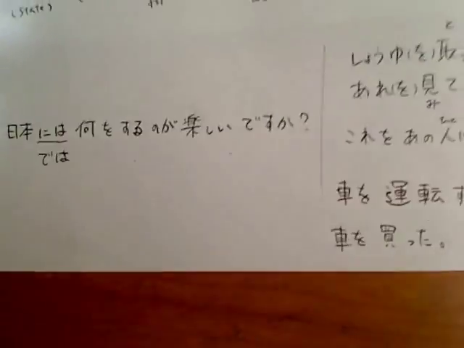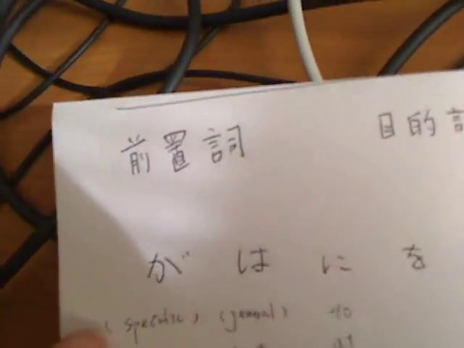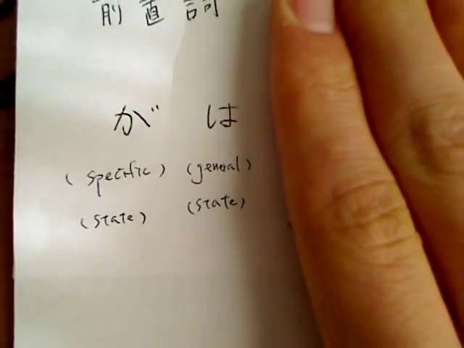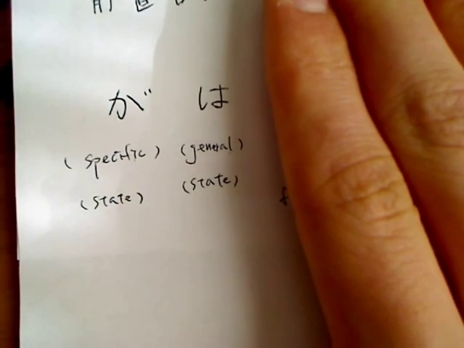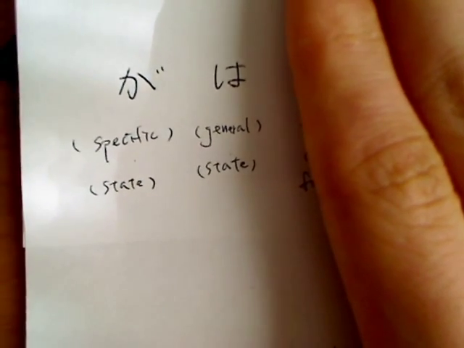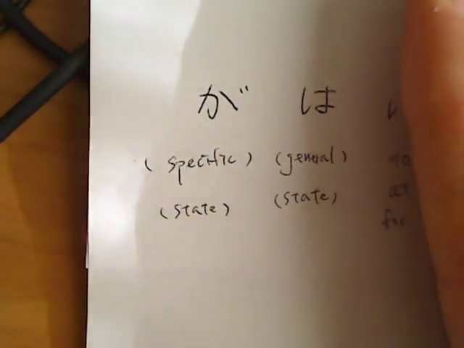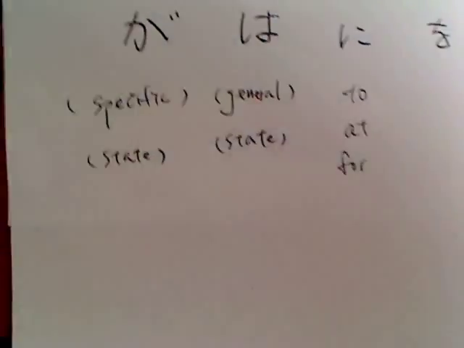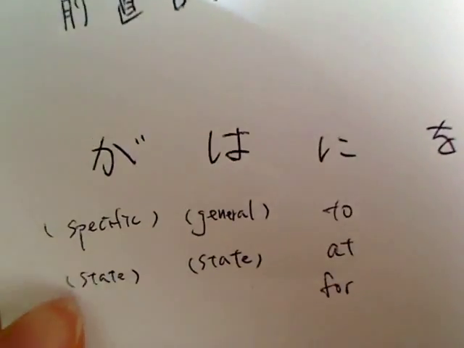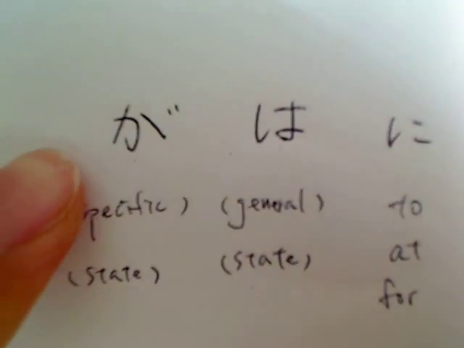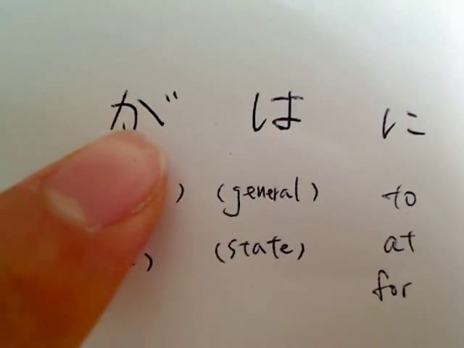Out of these, ga and wa are used similarly. I think these are the most common ones that Japanese learners make mistakes on.